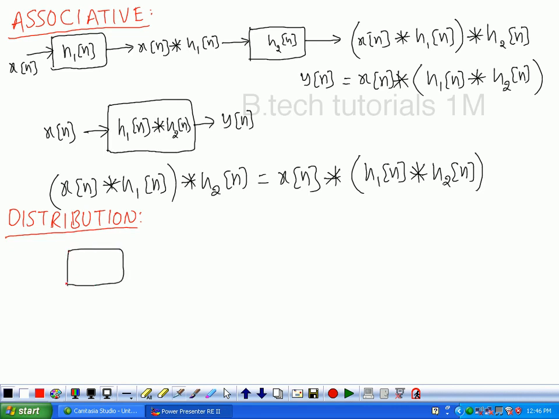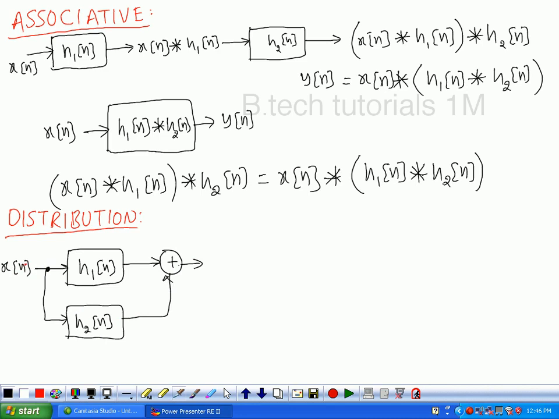So if you consider a system with impulse response h1 of n, and there is another system connected in parallel with impulse response h2 of n. Then, if the input is x of n, the output y of n is equivalent to, see here, what is the output of the first system?